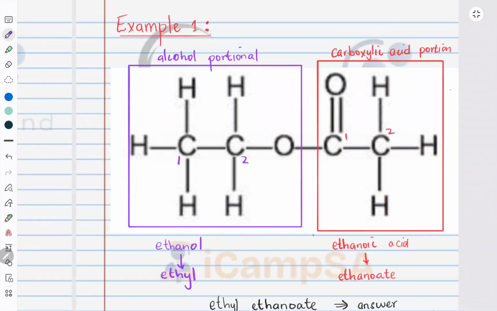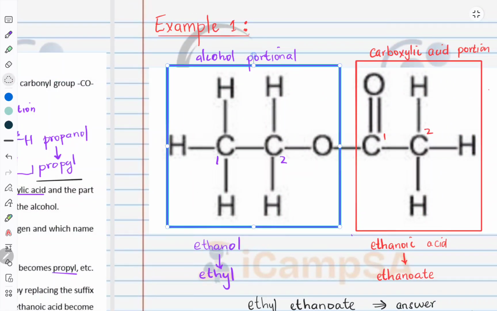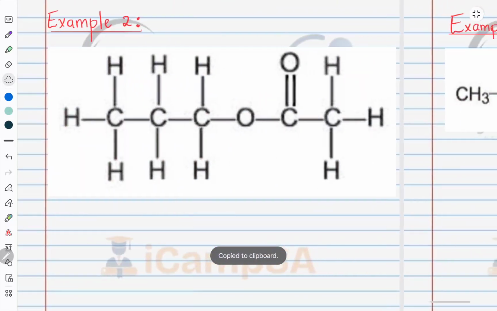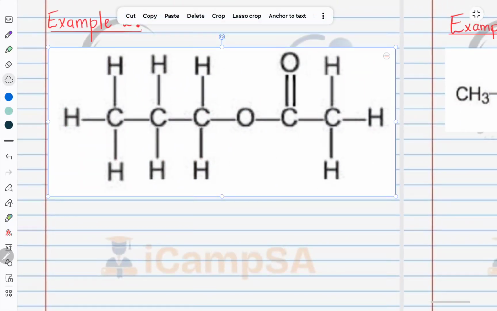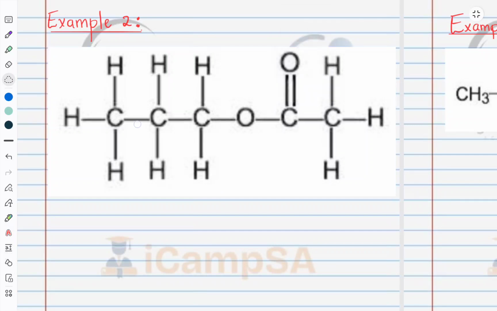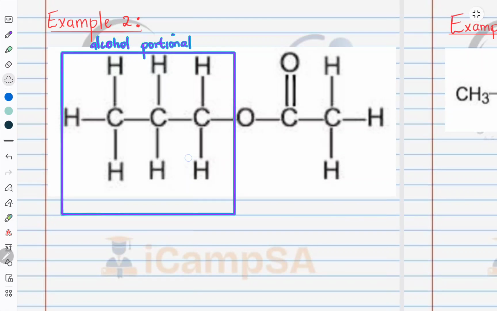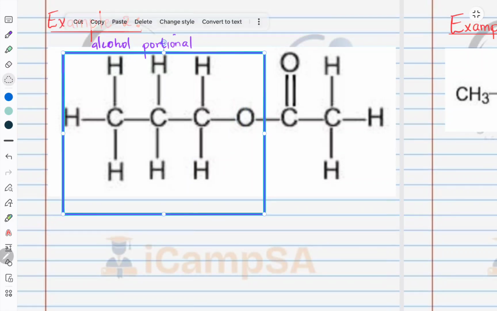In fact, let's take this portion and bring it here. So this would have been our alcohol portion. If you check, we cut it from here, it becomes our alcohol portion, right?